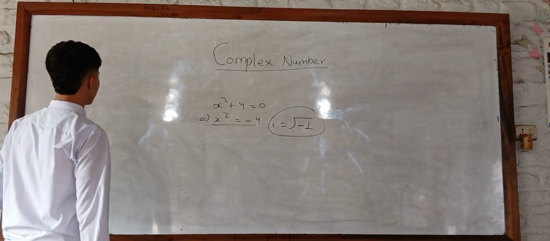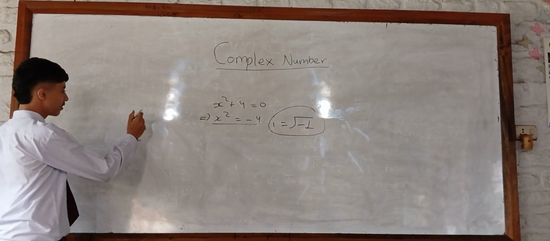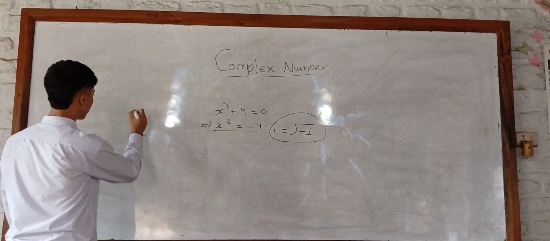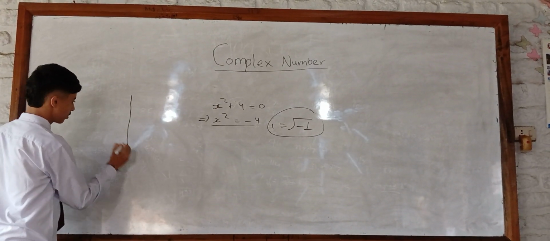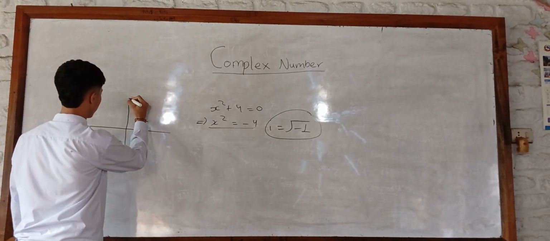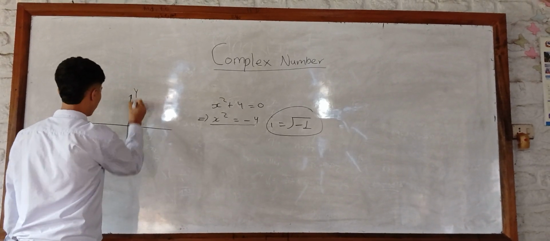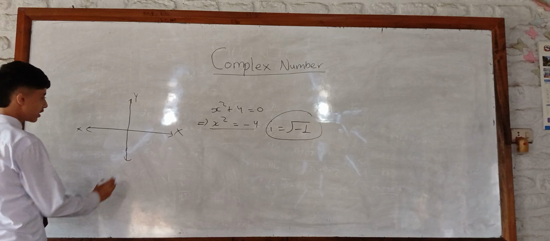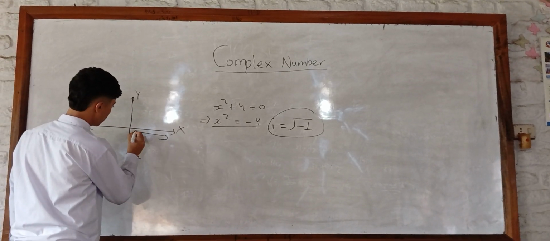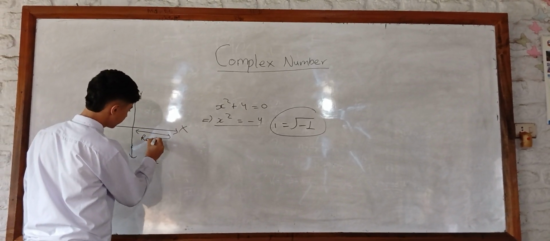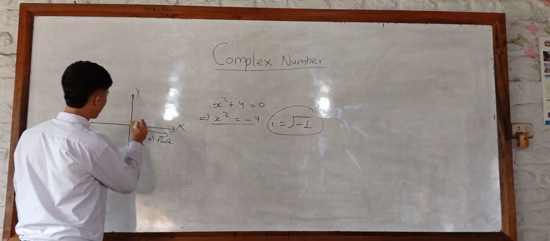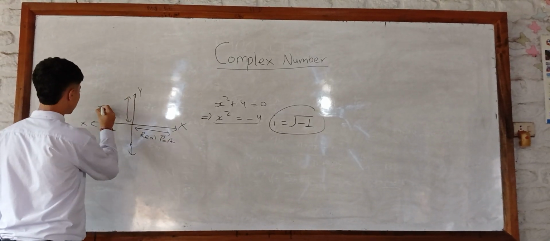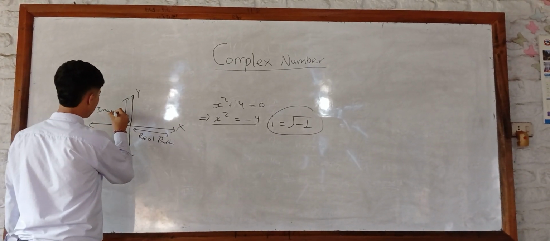So let me do a graphical analysis of complex numbers. If you take this, then this x will be the real part, whereas this y will be the imaginary part.